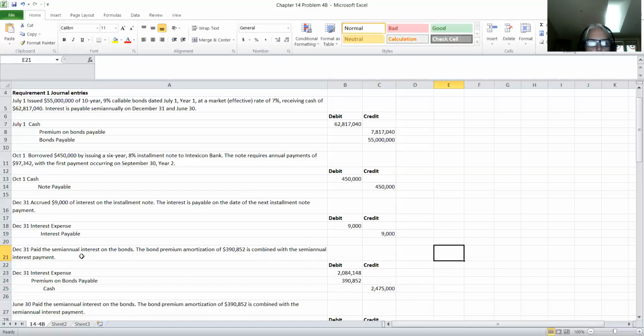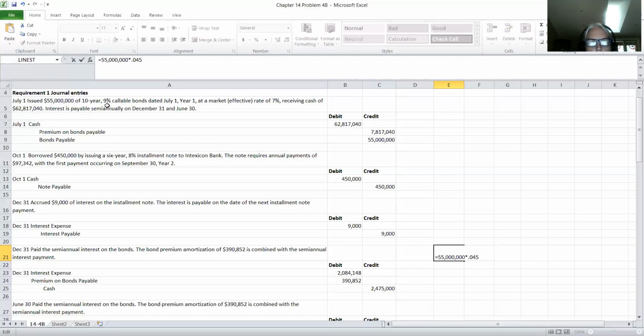If we're determining the semi-annual interest on the bonds, what we would need to know is the face value of the bonds. So 55 million would be multiplied by half of 9%, which is 4.5%.